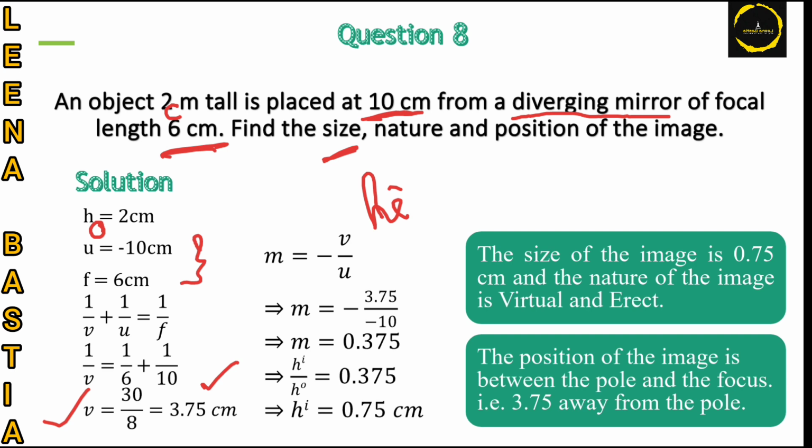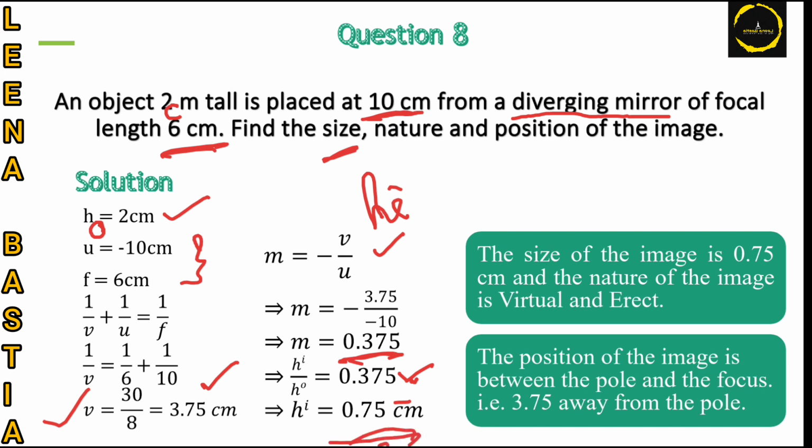So magnification also we do not know till now. So what we have to do, we have to take the other formula, that is minus v by u. So magnification we got. Now that the magnification value is found, again another formula we have to use, hi by ho equals m. Now the m value is put here. Then just put the value of ho, which is 2 centimeter, and multiply it, and you will get this particular value.